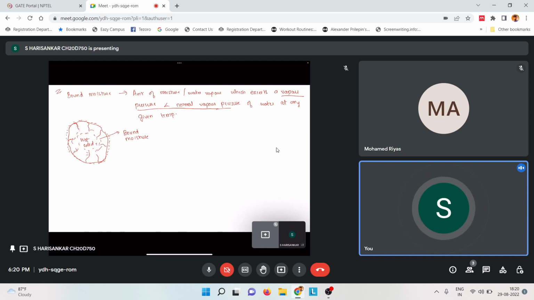Then this moisture which is not bound by any irregularities or surfaces, for example the moisture that is present on the surface, we can call it unbound moisture. So this unbound moisture will exert a vapor pressure greater than the normal vapor pressure of water.